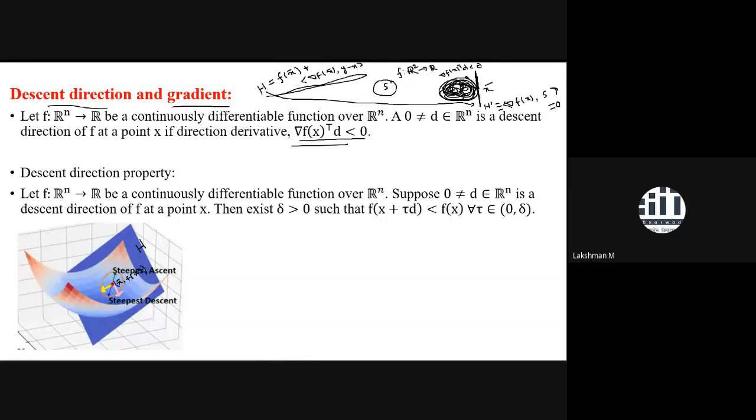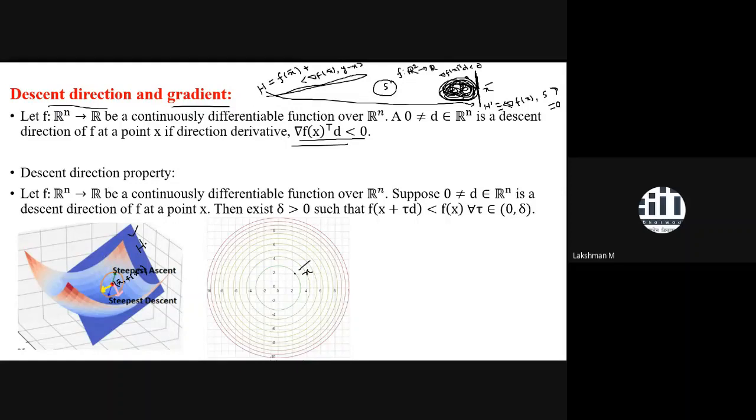This is the tangent plane at this point, and if you look at the contour, suppose x bar is here. If you project this tangent plane, it becomes a line, and it would be the tangent line to this disk.